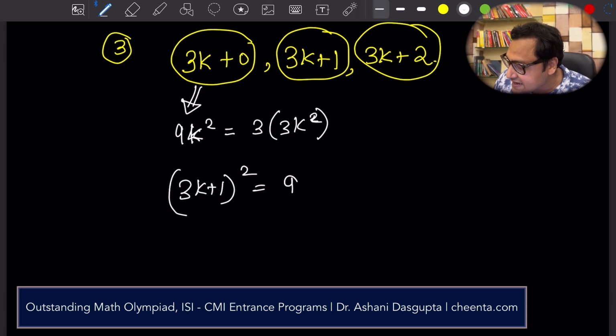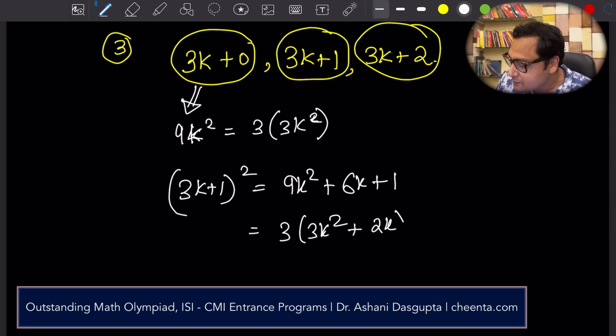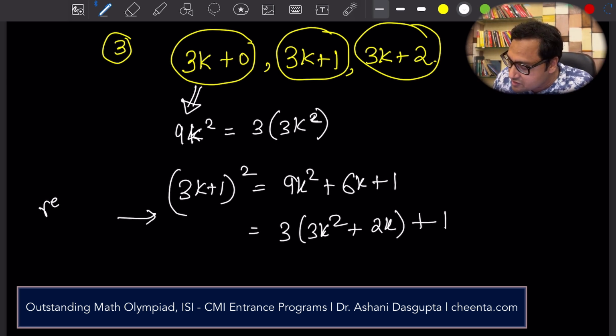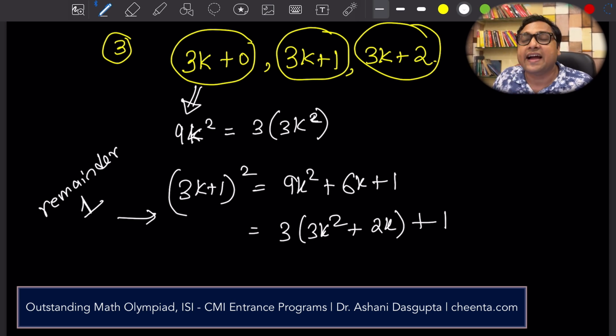It is 9k square plus 6k plus 1. But that is 3 times 3k square plus 2k plus 1. So it is of the form 3 times something plus 1. So this produces remainder 1 when divided by 3.